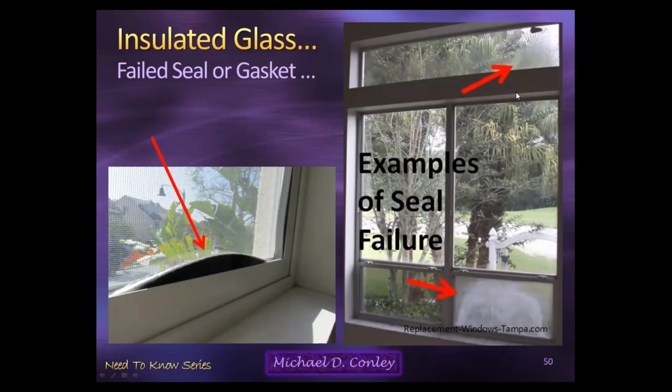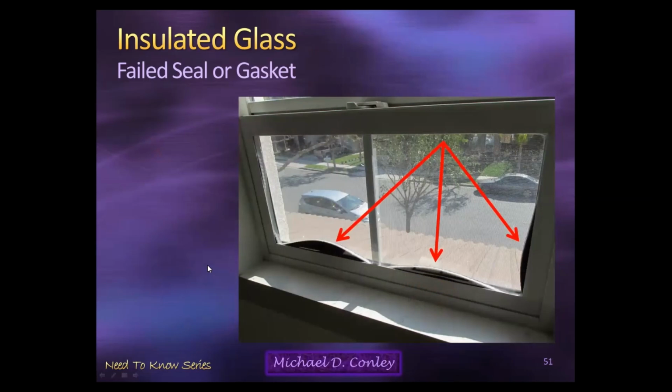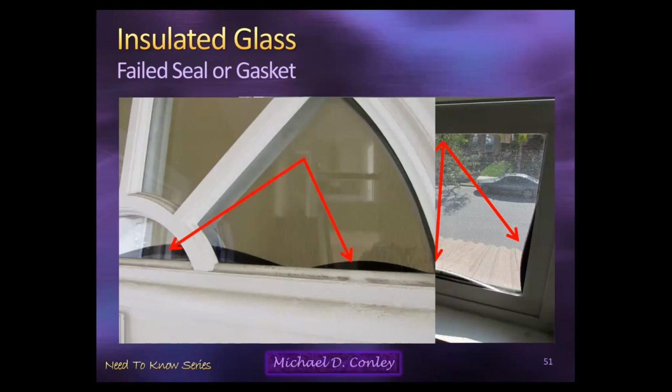Like the condensation, it's failed, but the reason is the direct sunlight into the outer pane, causing heat to develop here, and that causes that deformation of the gasket. Both fixes require the same approach. You have to replace the window or replace the pane if they're able to separate one from the other. In this case, this transom window would require the whole window being replaced.